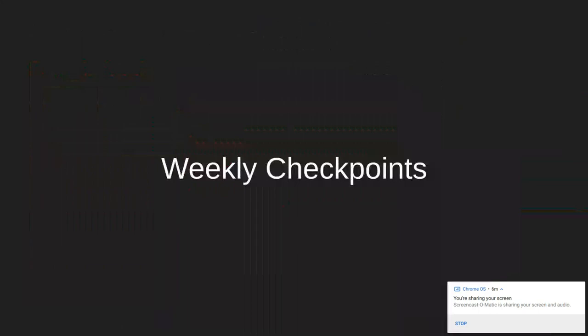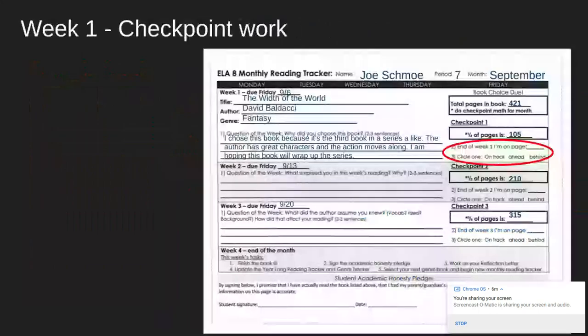Now we're moving on to the weekly checkpoints. For week 1, before you turn in your tracker for your first week check, you will tell me what page you ended on, and then you will circle whether you are on track, ahead, or behind.